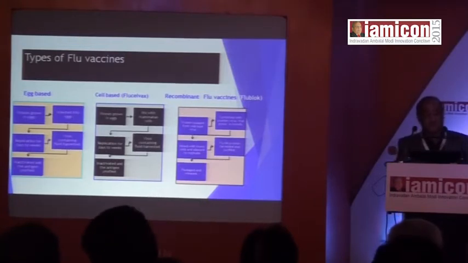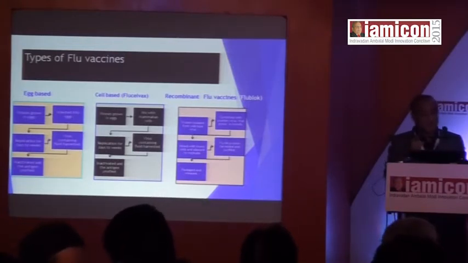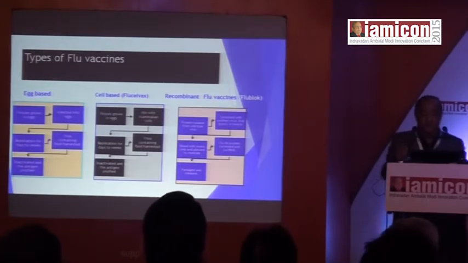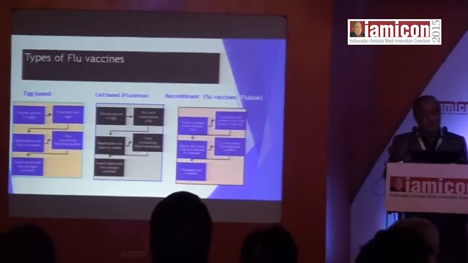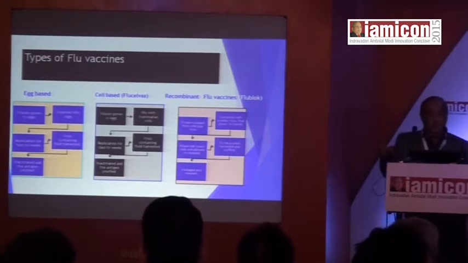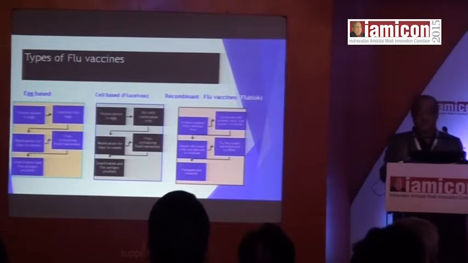In cell-based vaccines, the virus is grown in eggs again, mixed with mammalian cells, and these are canine cells mostly, and allowed to replicate. Then the virus-containing fluid is harvested, again inactivated, and the antigen is purified. What is different for recombinant flu vaccines is that we don't use eggs at all.